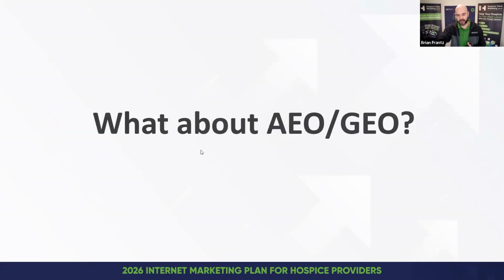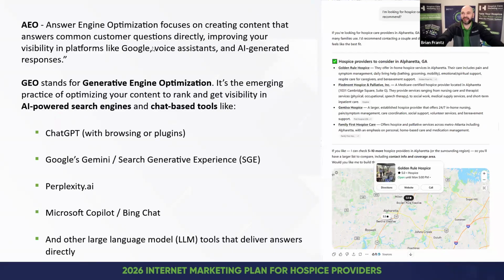And so I mentioned things about AEO or GEO. These are the AI tools out there, like Siri, things like that. That's going to be your answer engine optimization.